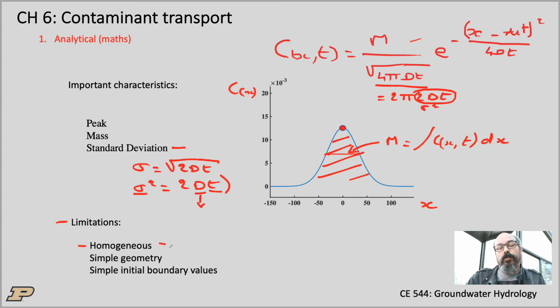You have to go with numerical solutions. Again, simple geometry. We've seen a couple of initial boundary value problems before. But if your geometries are complicated, it becomes very hard to find mathematical solutions for those kinds of boundaries or geometries. So that's what we use numerical solutions for.